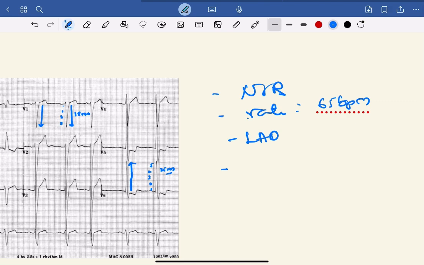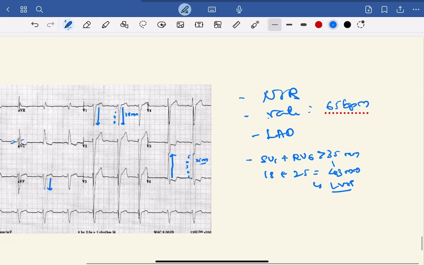That is SV1 plus RV6 more than 35 mm. So here SV1 is 18 mm plus RV6 is 25 mm, which summated becomes 43 mm, which is obviously more than 35 mm. So this suggests there is presence of LVH.